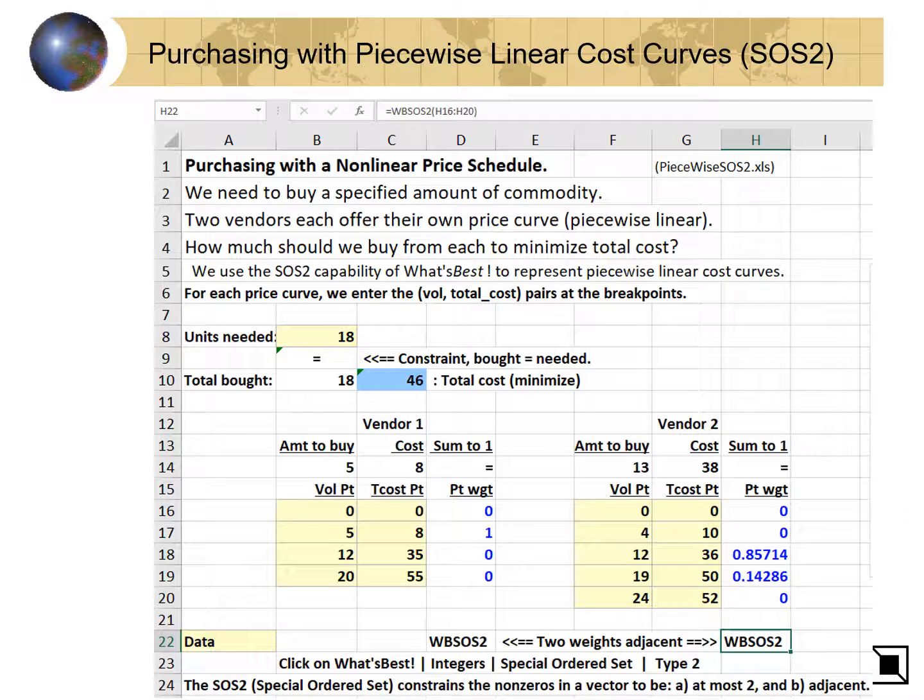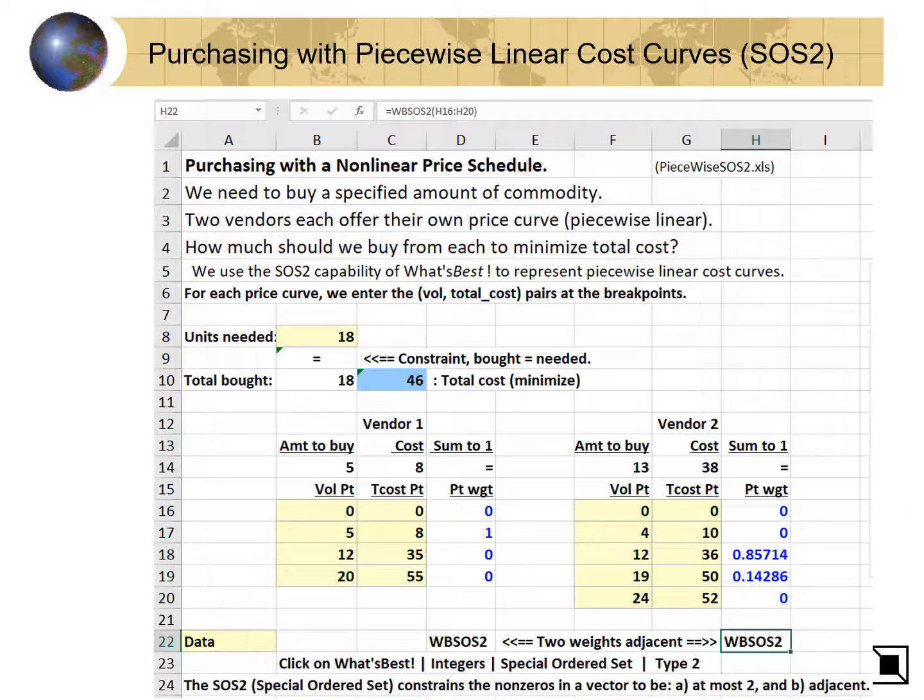Vendor 2, on the other hand, says if you want to buy 12 units, it costs $36. If you want to buy 19 units, it costs $50. And again, use linear interpolation. The blue units are our way of describing how we're going to decide how much to buy from each of these. So we're going to choose a weighted combination of 2 points on the price schedule.